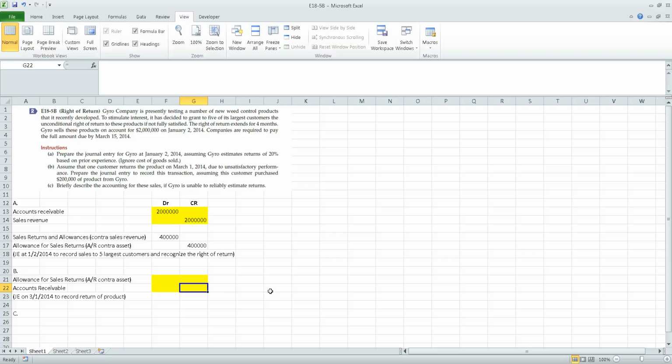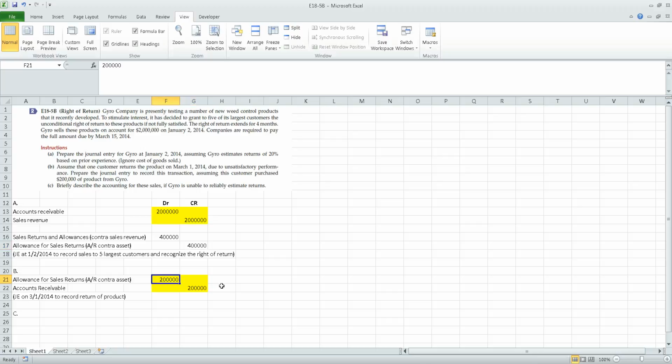It's what the guy paid to buy the product from us. So we're clearly going to remove from accounts receivable what he owes us, the $200,000. And then the offset to that entry is going to go against that accounts receivable contra asset account called allowance for sales returns. That's the same account as the account here.